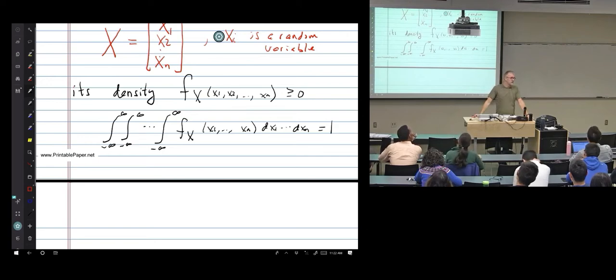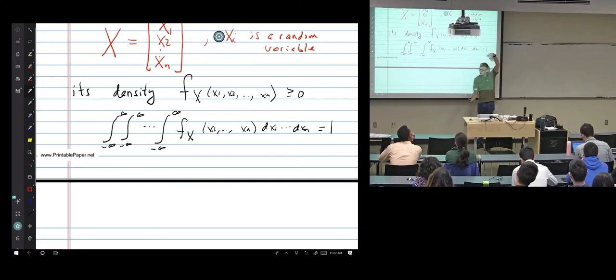So that means my little n is 55, okay? Because I've got my states and all my measurements. Those are all my random variables together. So you want to do a 55 deep iterated integral? No, okay?